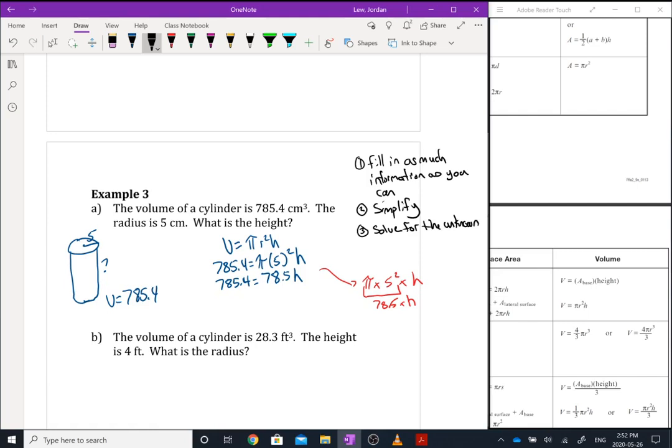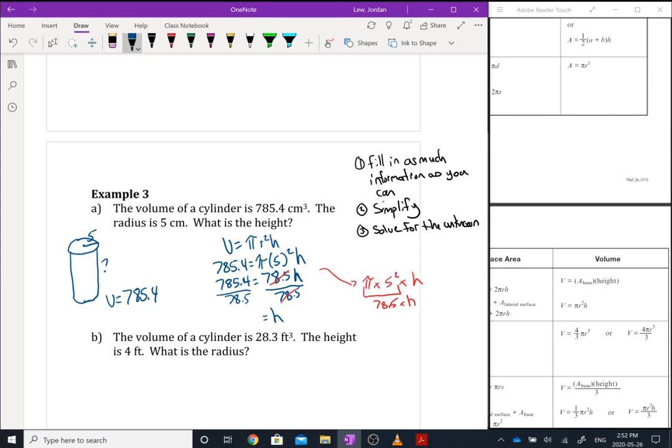And this is where the solving equations from one of the first units is helpful. So if I want to get h by itself, I need to get rid of this multiplied by 78.5. So I'm going to divide, or do the opposite. One side cancels out. I have to do the same thing to the other side to balance it out.